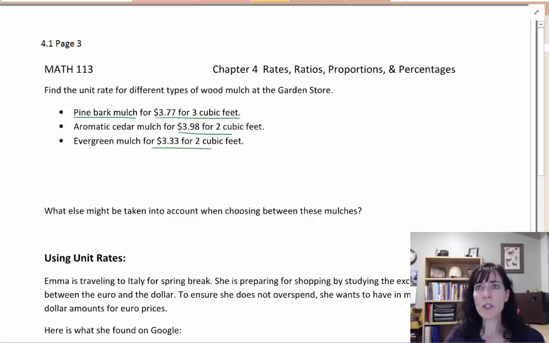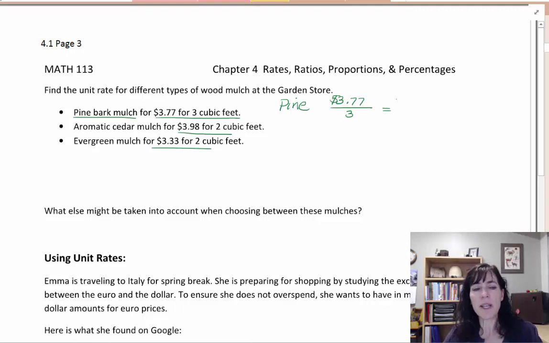So we might want to look at the unit rates for those and see which one is the better deal. And so for the pine bark, we would take the money again over the measurement, so it'll be $3.77 for 3 cubic feet.